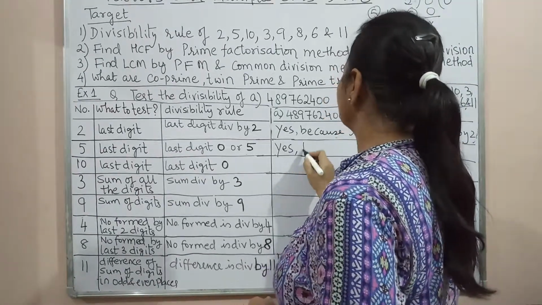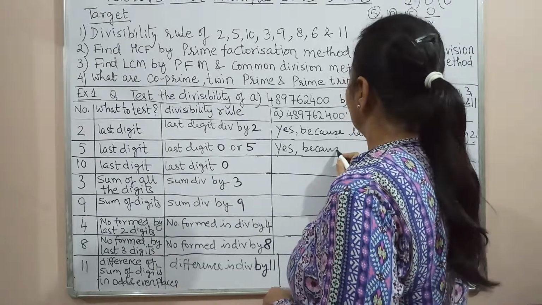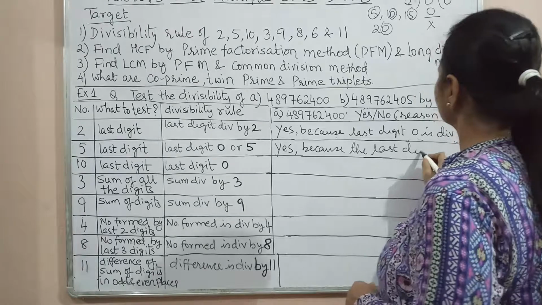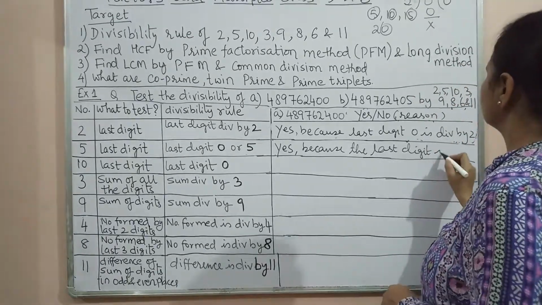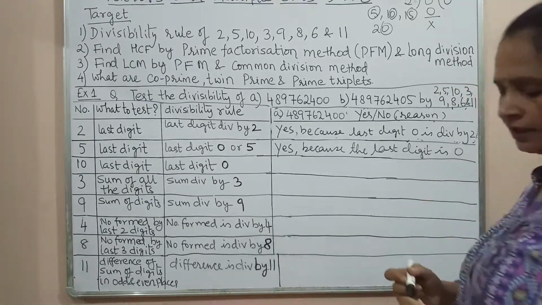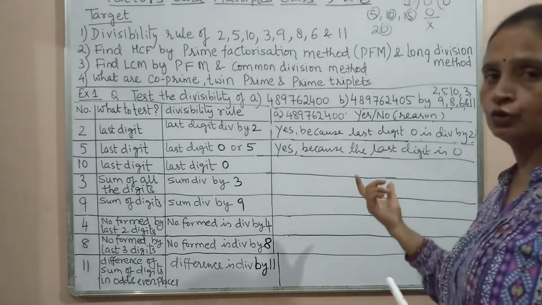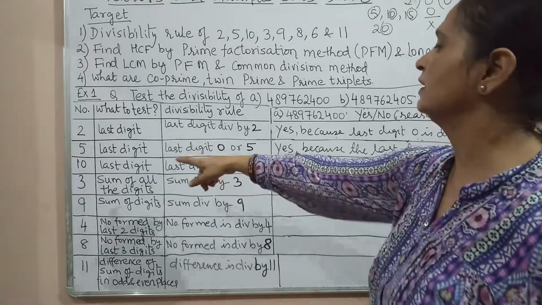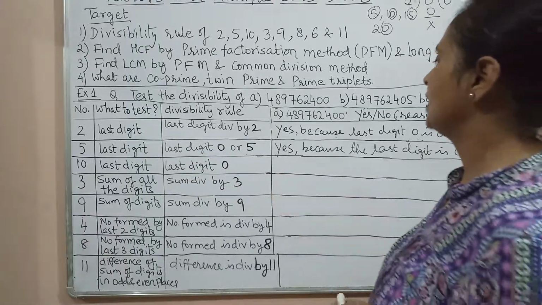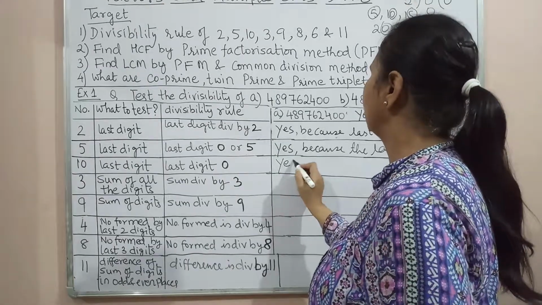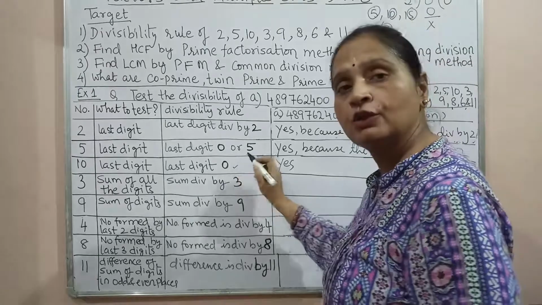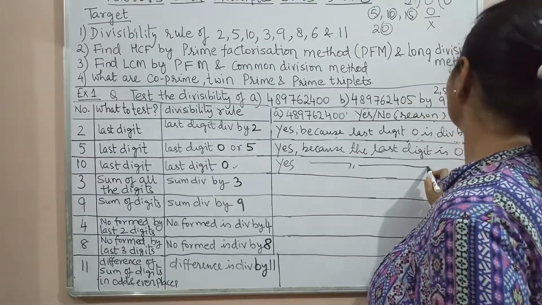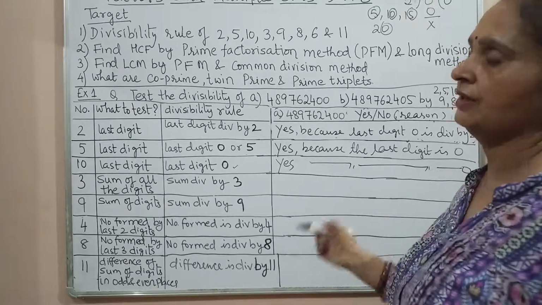That means yes, because the last digit is 0. आपसे बोला गया था या तो वो 5 हो या वो 0 हो, तो यहाँ पे क्या आया? Last digit is 0. Now if you see the 10, में भी आपको लास्ट डिजिट देखना है, और लास्ट डिजिट बिल्कुल सिर्फ 0 होना चाहिए. So because the last digit is 0, जो हमें चाहिए था.